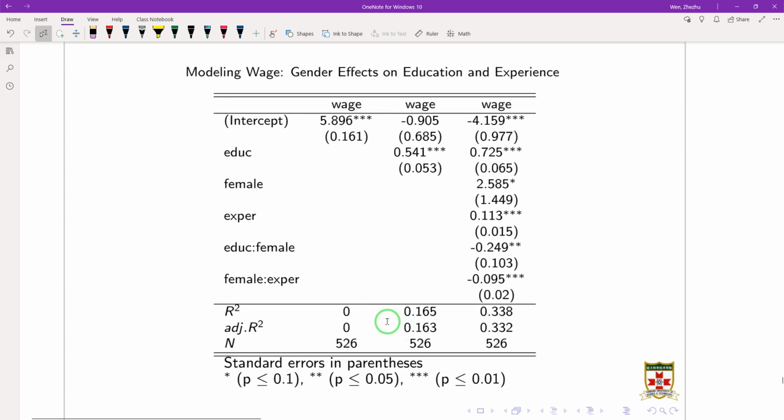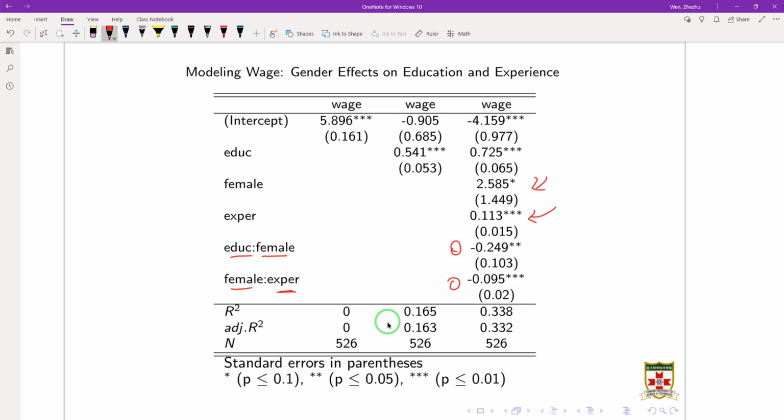In fact, I added a bunch more predictors here to improve the model. As you can see, I added female. I also added experience. This is the interaction between female and education, and this is the interaction between female and experience. These can tell us what is different between men and women.